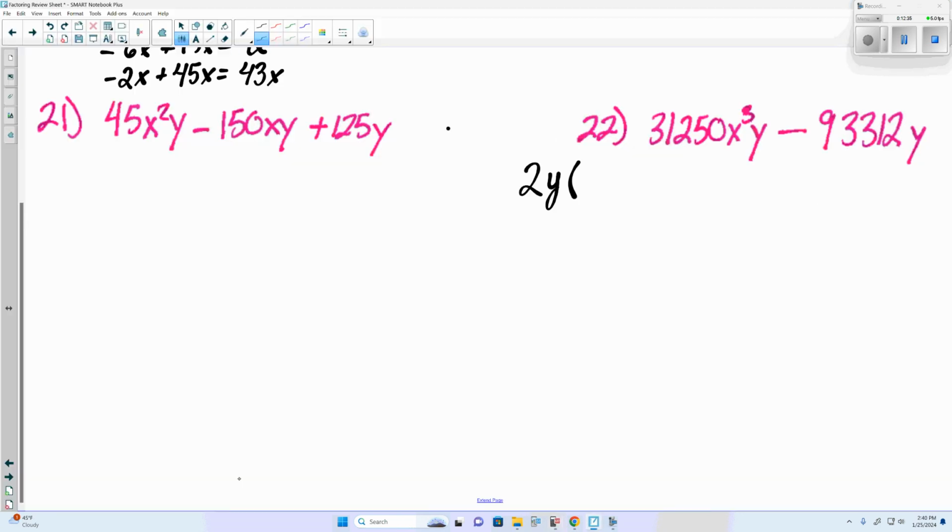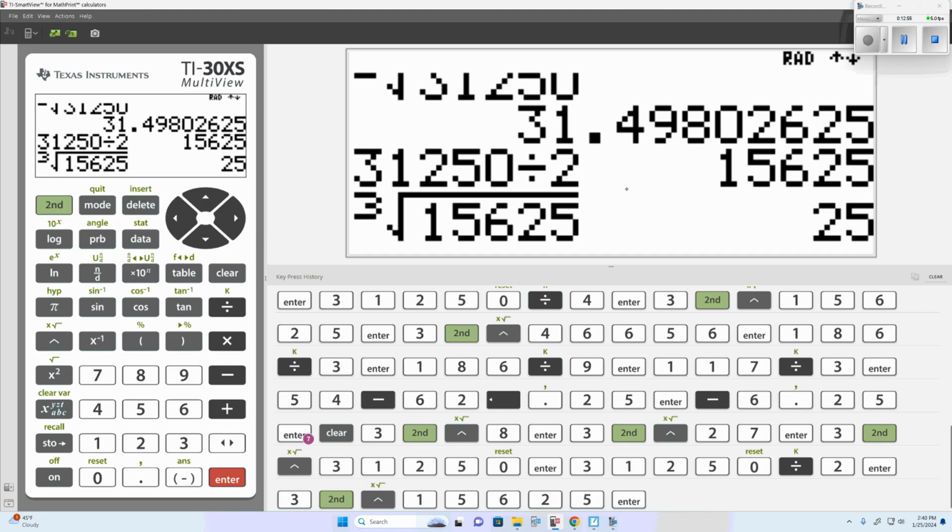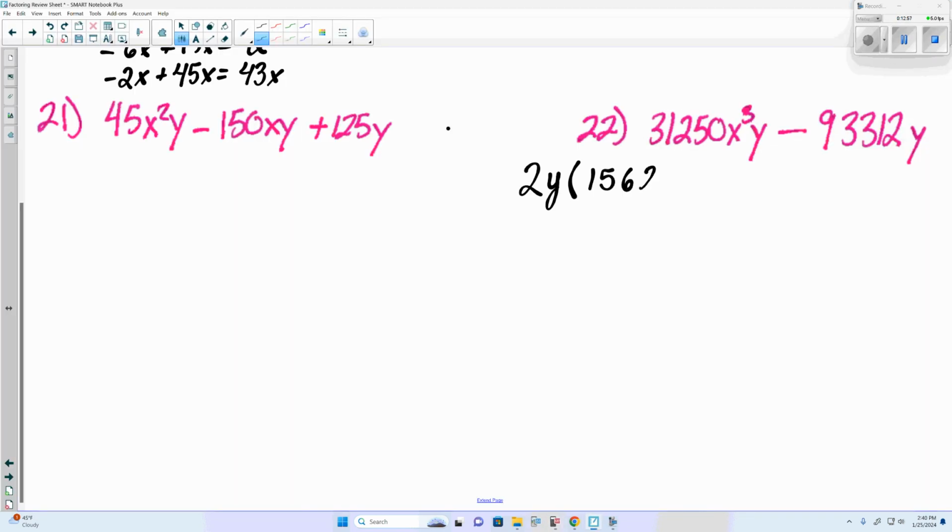So that does verify that 2y is probably the greatest common factor, because here we get 15,625x cubed, as we factor the y out, minus, and we could divide 93,312 and get 46,656.